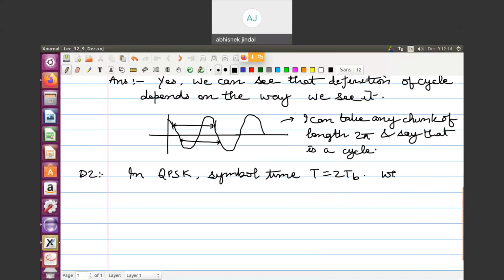What is the pulse shape we have used to study?